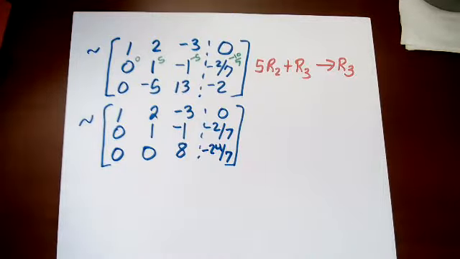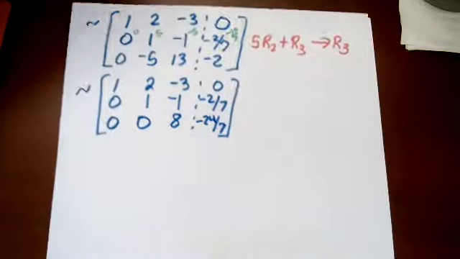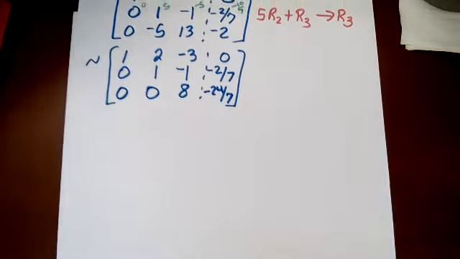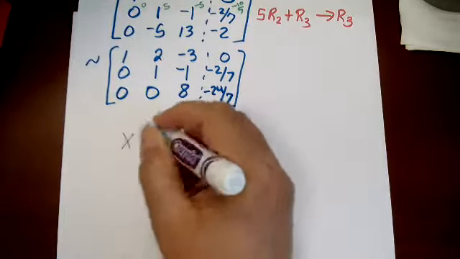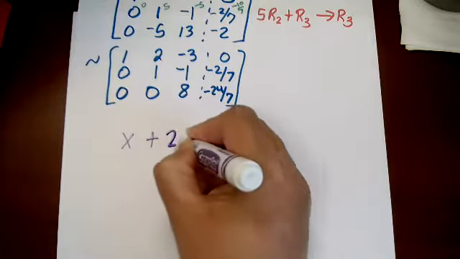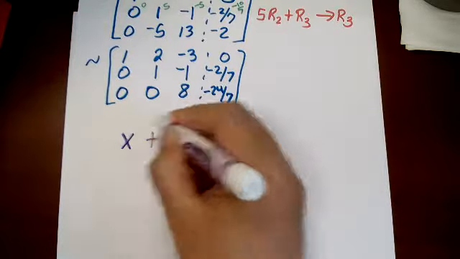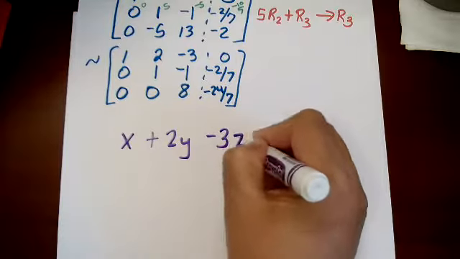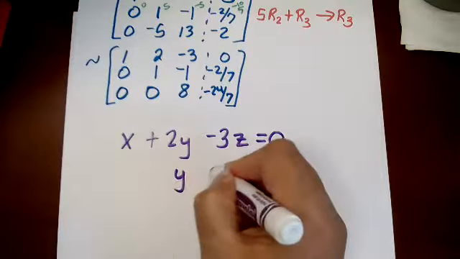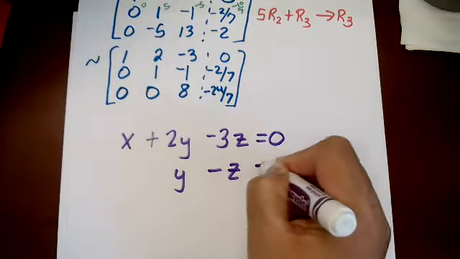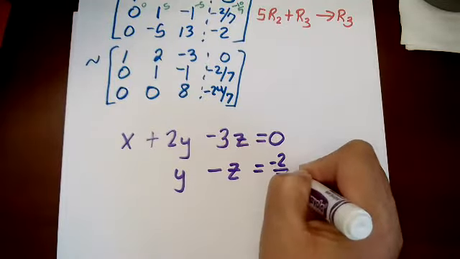Now I can go back and write my equivalent system of equations using the coefficients. So that top one's going to be 1x, or just x, plus 2y minus 3z equals 0. The second one's going to be y minus z equals negative 2 sevenths.